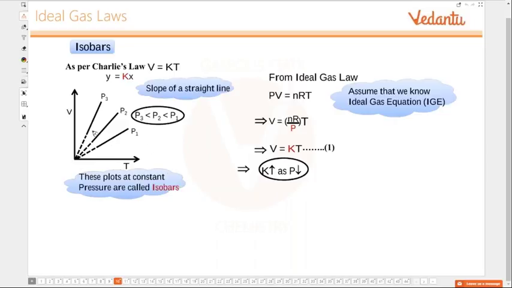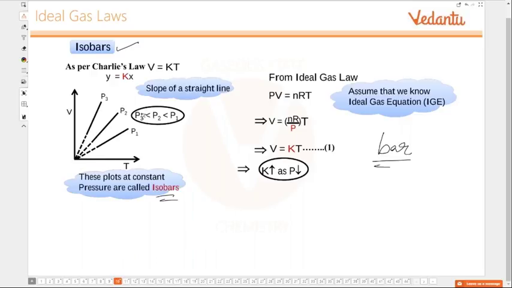Here also we have a similar kind of graph. These are isobars. The plots that are plotted at constant pressure are called isobars. Bar is something related to pressure. So isobars, just like isotherms, are constant pressure graphs. In this case, this graph is done at 3 different pressures, P1, P2, P3.